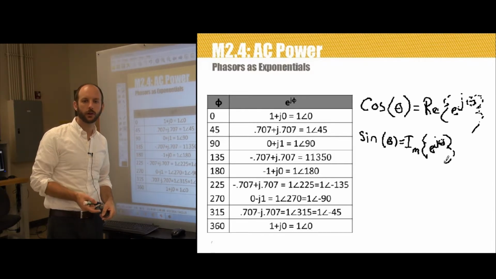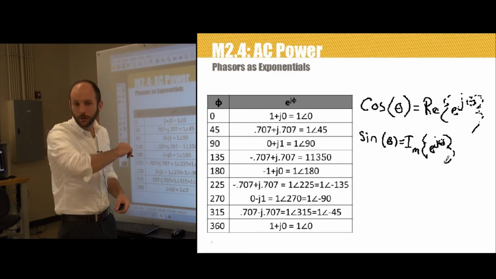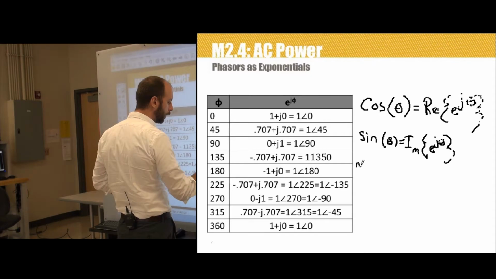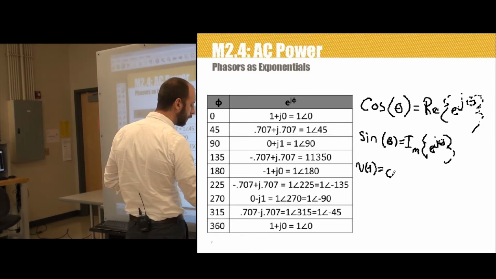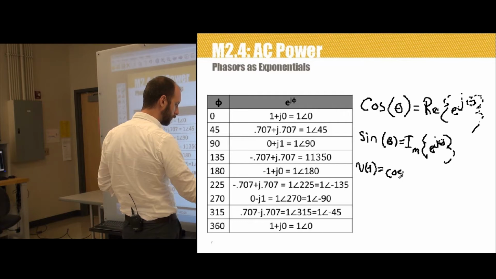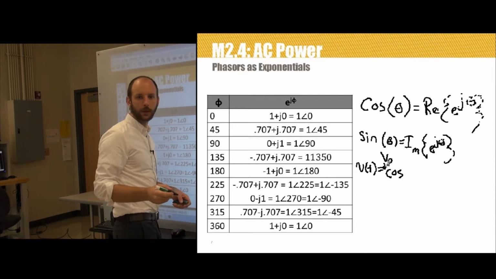Since we're using the cosine function to represent sinusoidal voltages, we can kind of see the following relationships. We've got v of t equals V max, or V peak, whatever you want to call it, cosine of omega t plus phi.